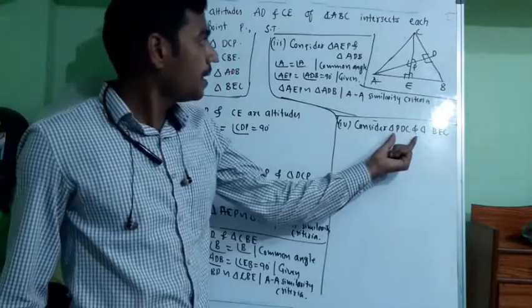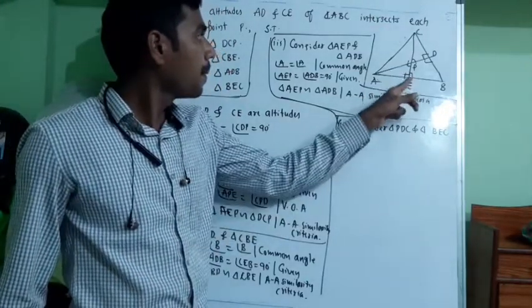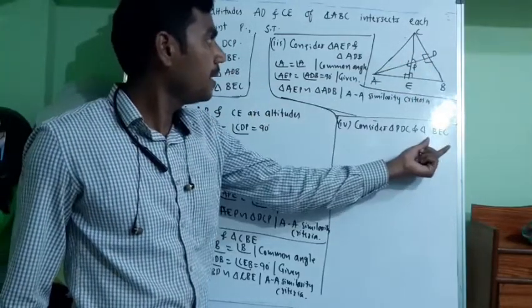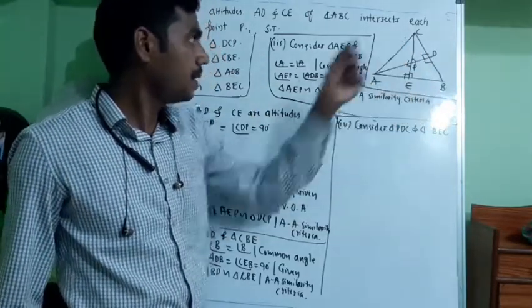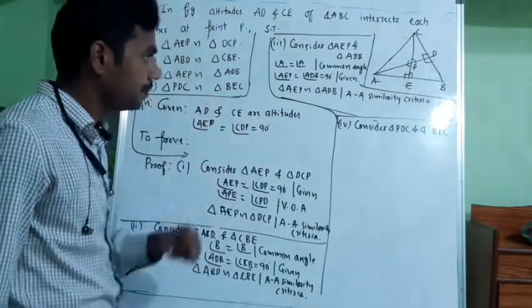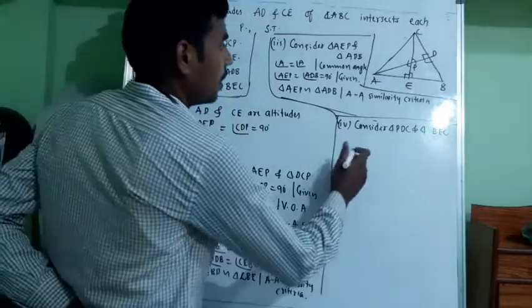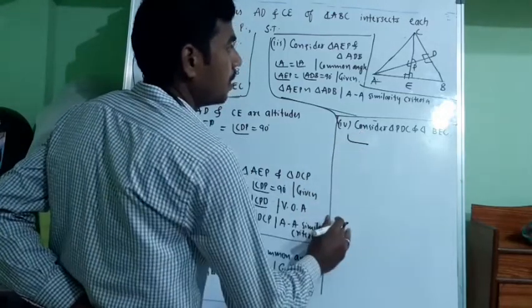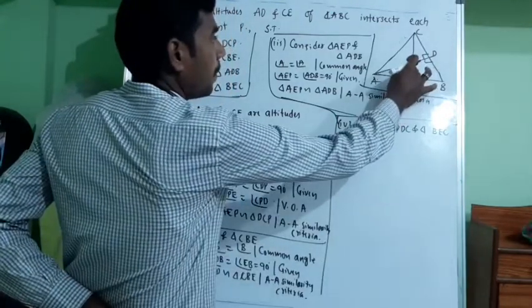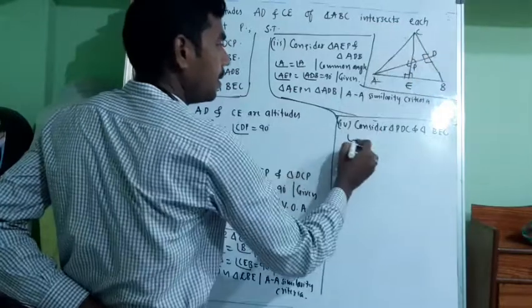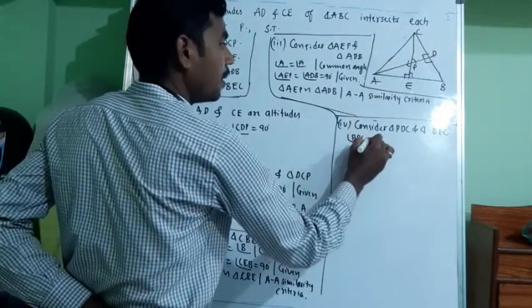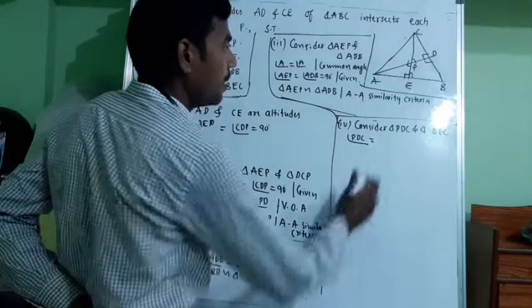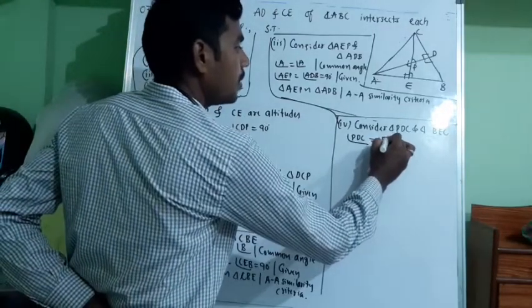Now, where is triangle PDC? PDC. Okay, where is triangle BEC? BEC. Now, angle PDC is equal to angle BEC is equal to 90 degrees.